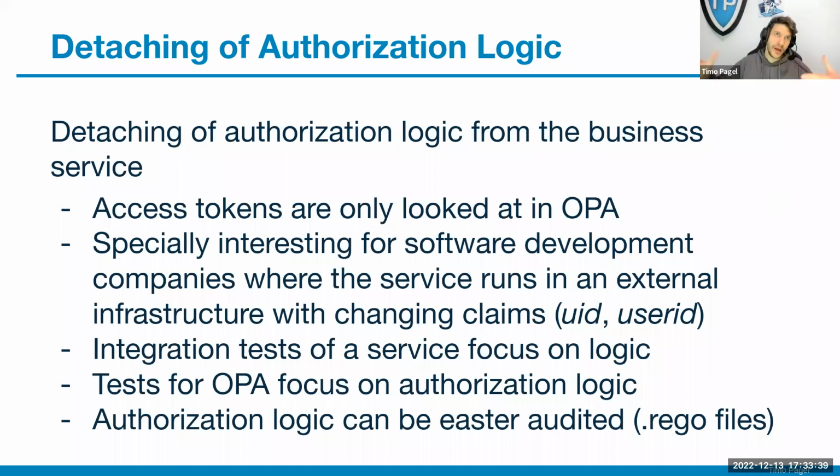As a software development company, you need to say how you do your authorization, and every one of your customers will have different claims. For example, some will have UID for the users, some will have user ID, and so on. In this way, you can detach this authorization logic from the external logic.